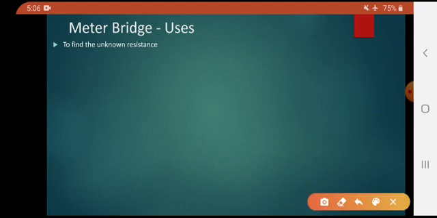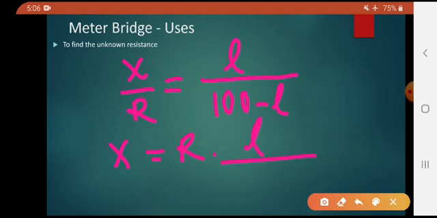From this, X by R equals, for example, L by the remaining length, 100 minus L. So now you can find the unknown resistance. X equals R into L by 100 minus L, which gives the value in ohms.